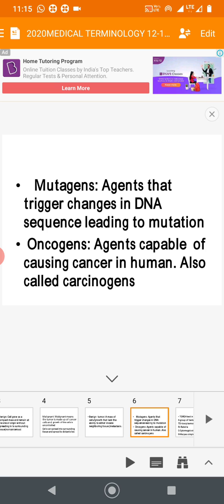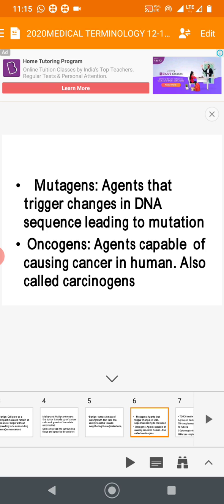It may be chemical agents, physical agents. So agents that trigger changes in DNA sequence lead to mutation. So this mutation passes to the next generation.